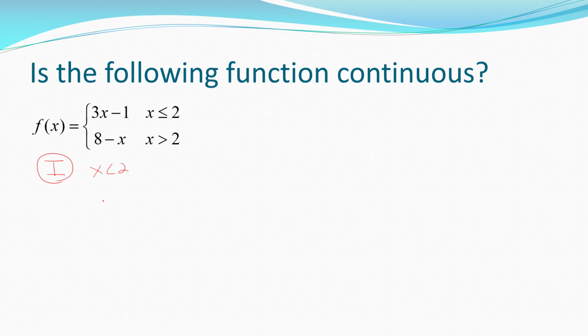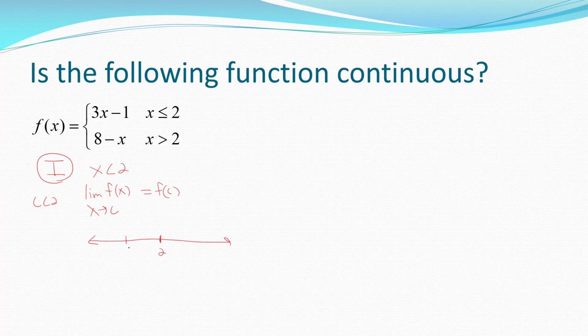And if you pick any value in that interval where x is less than 2, then the limit of that function as x approaches that value, where c would be less than 2, would be the same as just f of c. That's because if you looked at the interval, this is the entire real line, and here is 2.